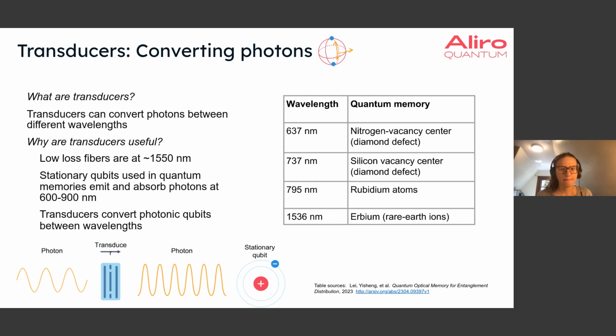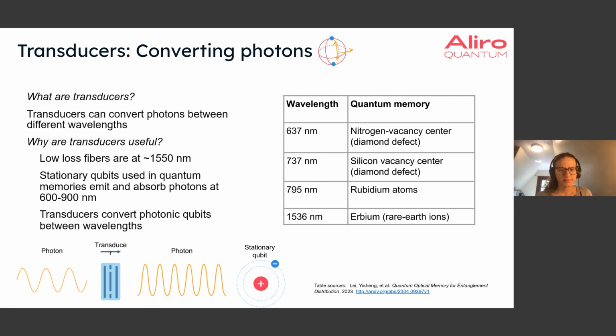So, in this table I've included on this slide, this shows a couple of the different wavelengths associated with different quantum memories. So for nitrogen vacancy centers, which is a type of diamond defect, the wavelength is 637 nanometers. For silicon vacancy centers, the wavelength is 737 nanometers. For rubidium atoms, 795 nanometers.